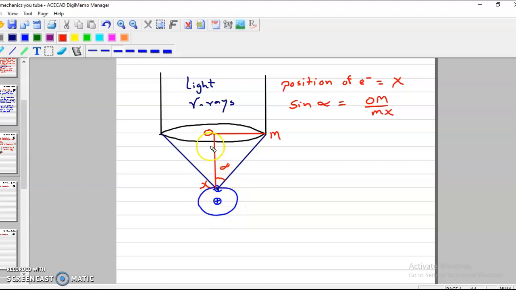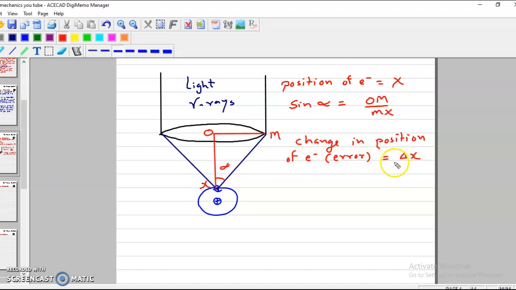So the moment we measure the position, this electron may slightly move from its position, and therefore there will be a small error in measurement. So if the position of the electron is X, then the change in position of the electron because of its movement is also known as error. For change we put the delta sign, so we write delta x.